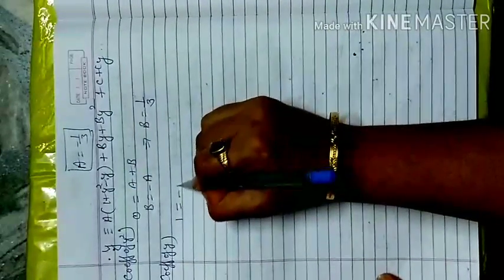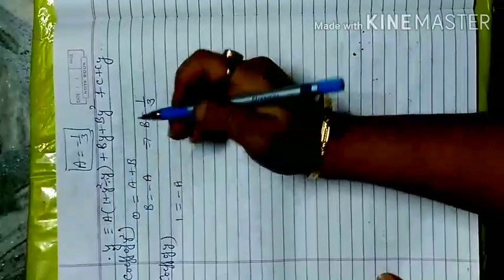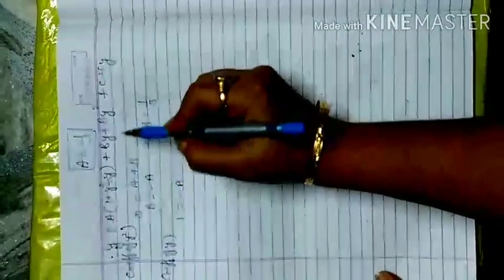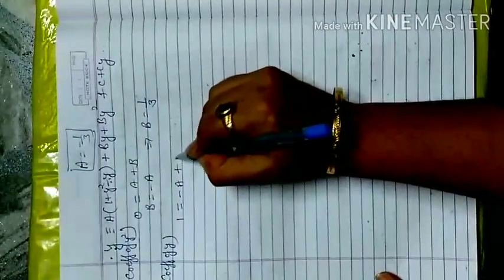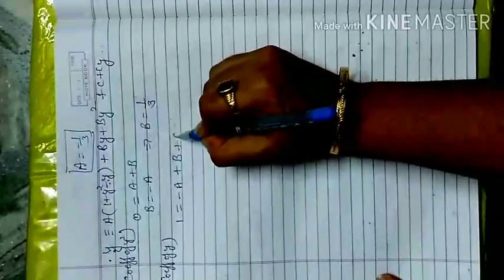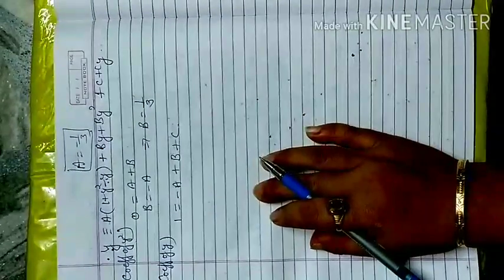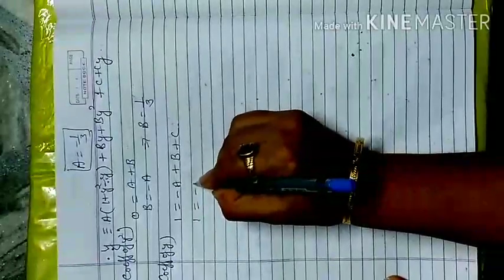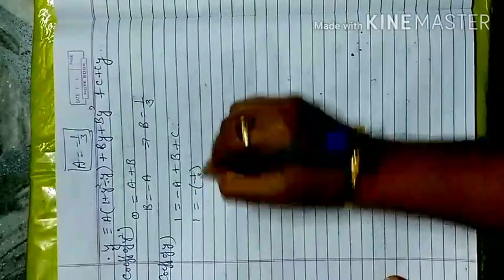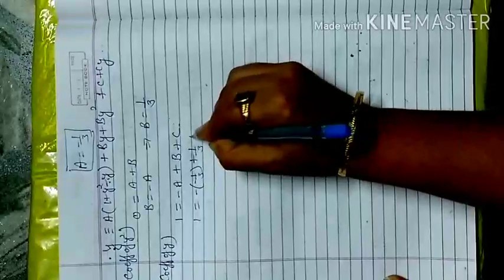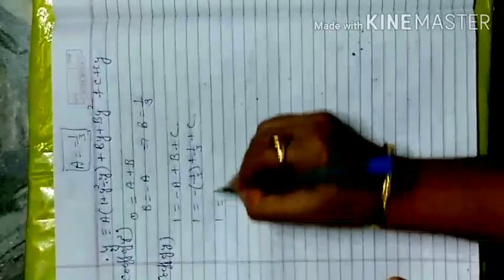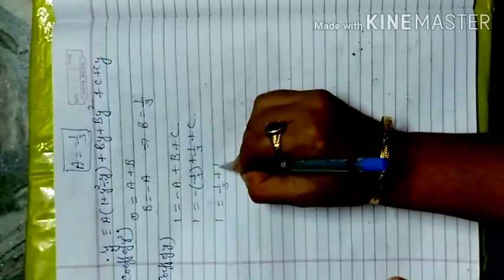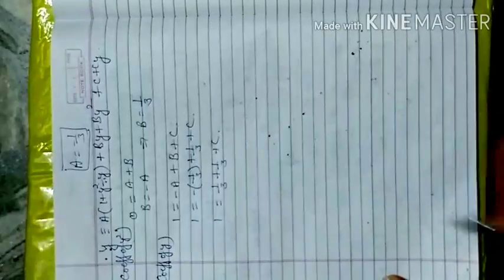So here minus a, because the minus sign should also be accompanied, here plus b and here plus c. Now we already found the values of a and b, we apply them here: minus 1 by 3 plus 1 by 3 plus c.